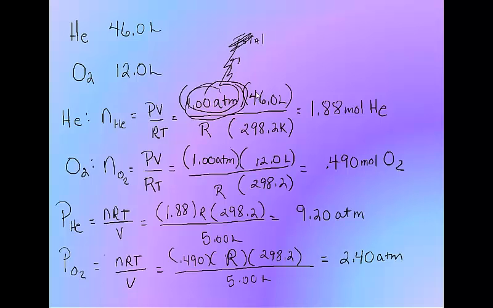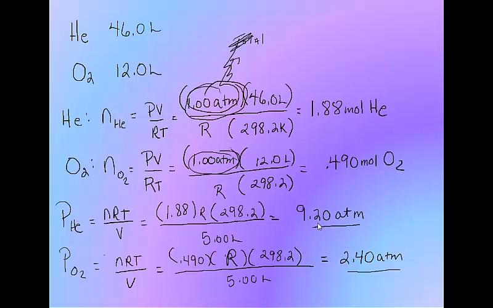And it's going from 46 liters to 5, so I would expect the pressure of the helium to go up, which of course it does. This was the pressure of the oxygen gas before it got mixed together, and it's going into a smaller container because it started out at 12 and went to 5, so I would expect it to go up also, which it does. So I think I misspoke when I said that was the total pressure earlier. It's not the total pressure. That's the individual pressures before mixing it into the 5-liter container.